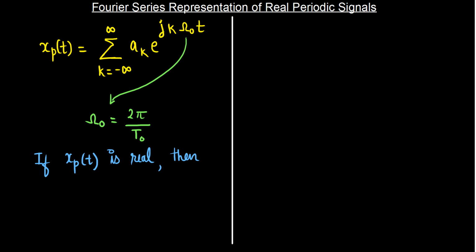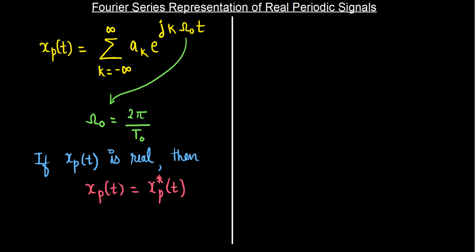So we have xp of t equals xp of t complex conjugate, which I am representing with a star. So what does this mean? If xp of t is real, of course the signal and its complex conjugate would remain the same.